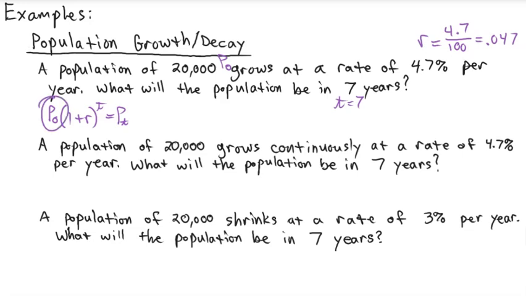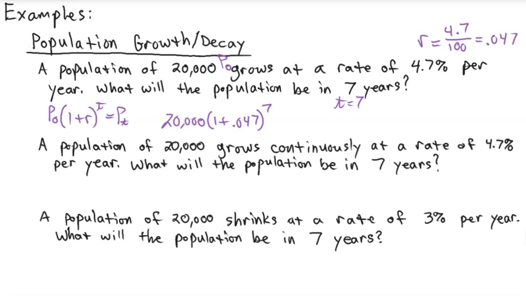So P sub 0 is 20,000. Put 20,000 times (1 plus 0.047) to the power of t, which is 7.